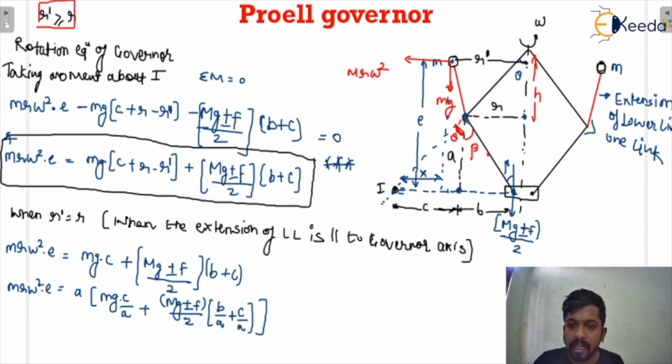I'm assuming that T1 is the tension in the link which is attached to the sleeve. And there is another tension, T2. There are two tensions in the governor. So first we will calculate the tension T1.